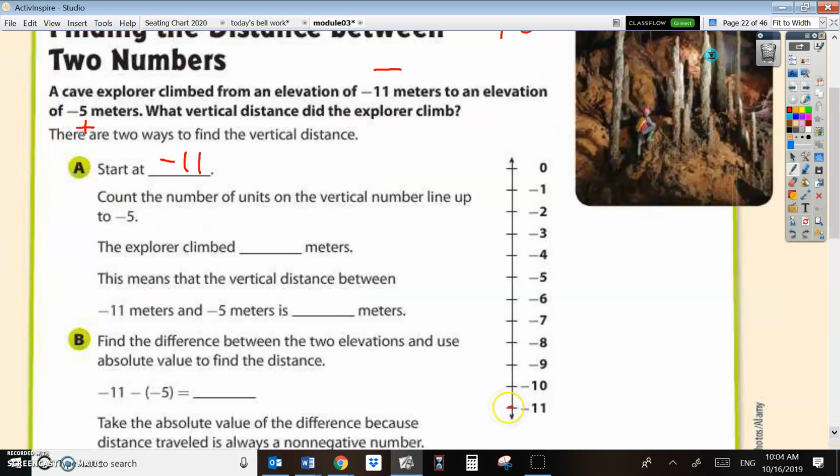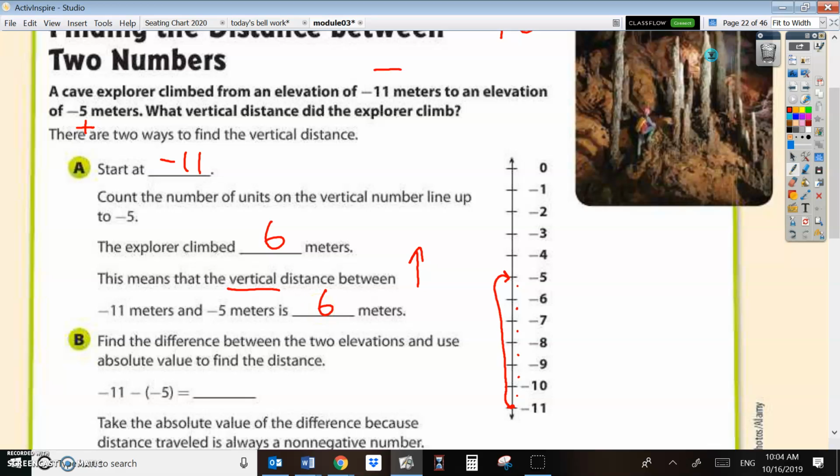So here we are, -11, and they go up to -5. How far is that? 1, 2, 3, 4, 5, 6. They climbed 6 meters, and it was vertical distance, so vertical means up. The distance between them is 6 meters.